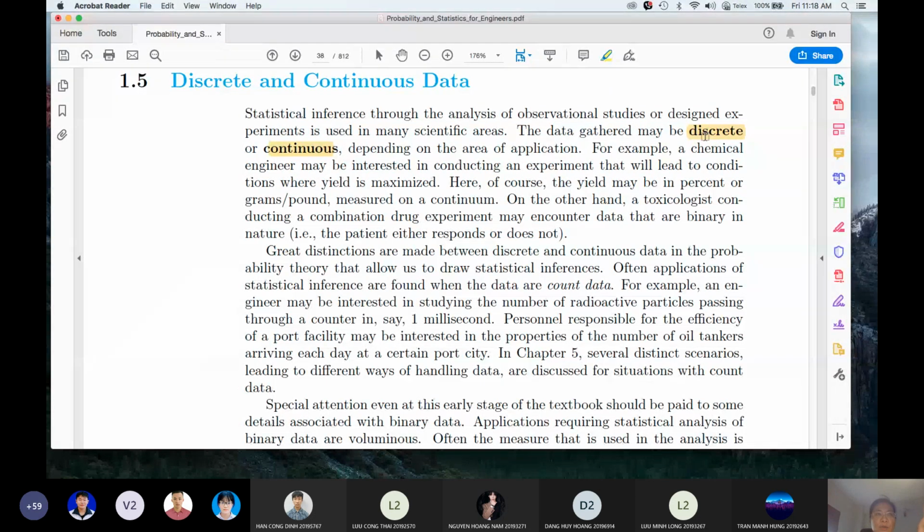You study English, you know the countable noun and uncountable noun, right? What is a countable noun? It is countable data. And what is an uncountable noun? It is uncountable data. Countable data is called discrete, and uncountable data is continuous.